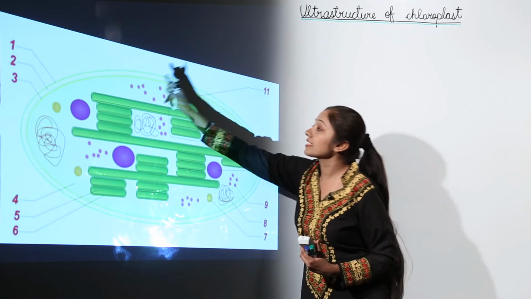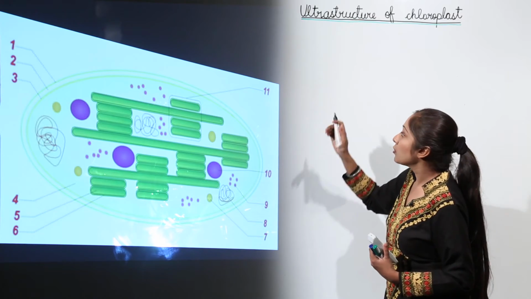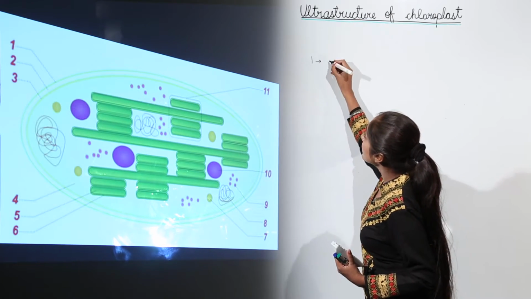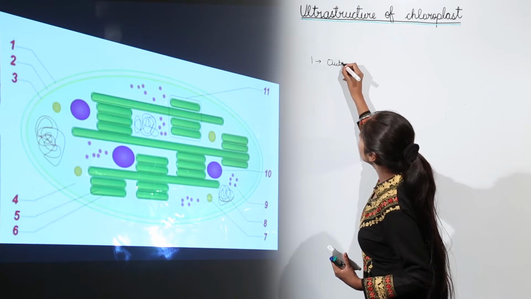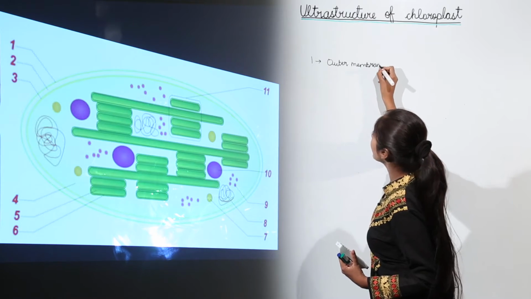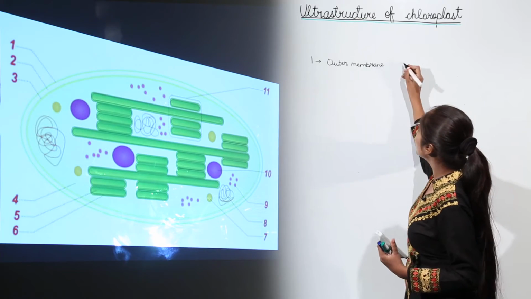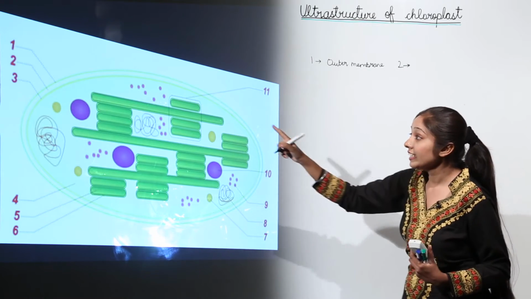What you see on the outside is the envelope of chloroplast. And how will you label number 1? Number 1 is the outer membrane. Next, moving on to number 2. What do you see in number 2? It is the space, right?